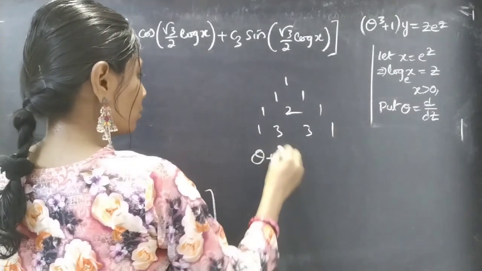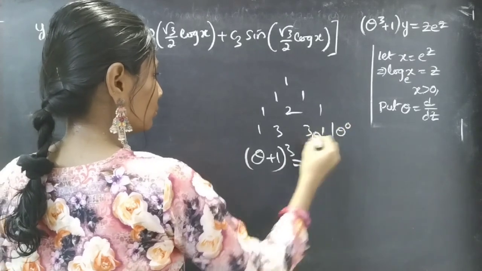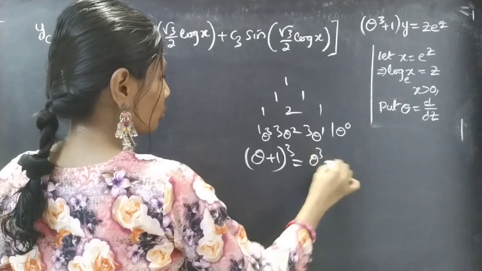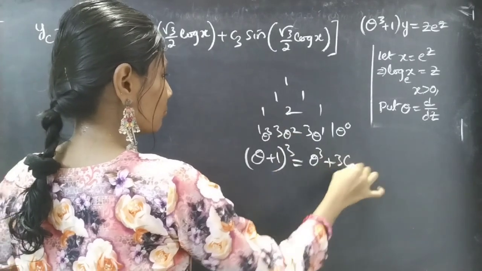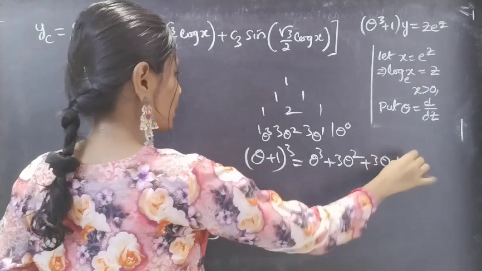Theta plus 1 whole cube equal to theta cube plus 3 theta square plus 3 theta plus 1.